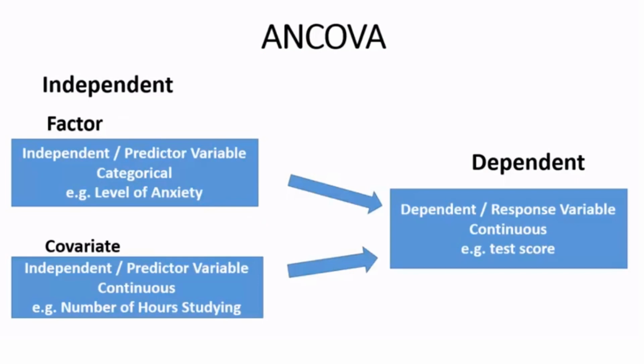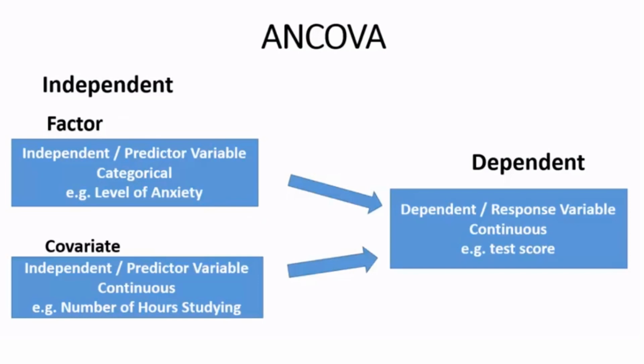So ANCOVA has one independent factor, a second thing, the dependent factor, and a covariate. The independent factor, or predictor variable, is a categorical variable.